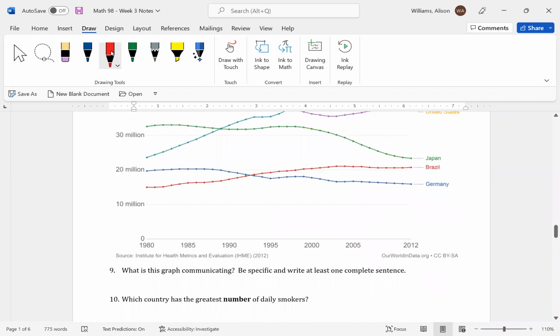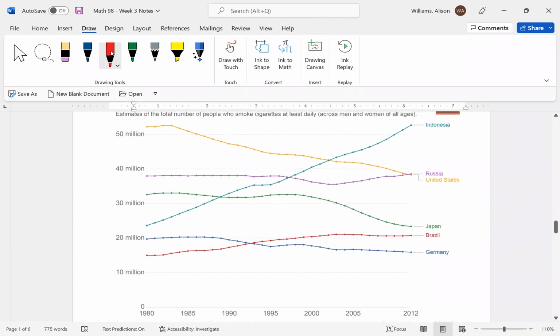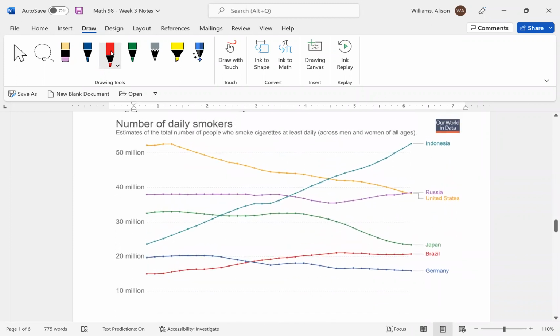What is the graph communicating? Be specific and write at least one sentence. Okay, so for this, it looks like we're tracking, and since we're talking about millions, yeah, we're tracking in the millions how many people are smoking in these countries, men and women, and they're even including all ages. So that's interesting, right?